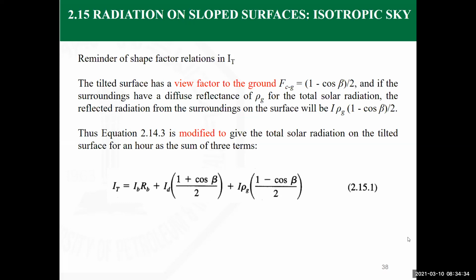So to complete the picture, we are going to recap or start from what we left last time, talking about radiation on sloped surfaces, the isotropic model. That's something coming from chapter 2, so that's a reminder. And you will see also in the example that we are going to cover today that we are going through an example that is going to have the information that we have collected in chapters 2, 3, 4, in addition to 5.